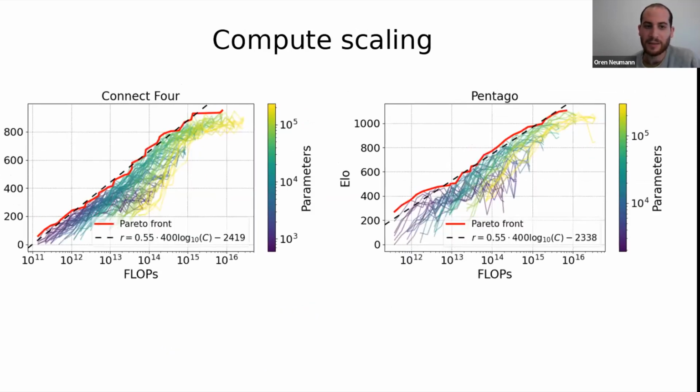If I make these agents now twice as effective at learning, so they learn twice as fast, all the agents, because I added some speed up, this will not change how the plot works. Basically, it will just shift the curve. The x-axis here, the FLOPs, is logarithmic, meaning if I multiply it by a constant, it will just shift. So the scaling law will remain the same, the exponent will remain the same.